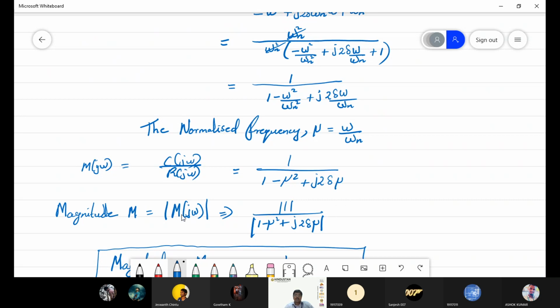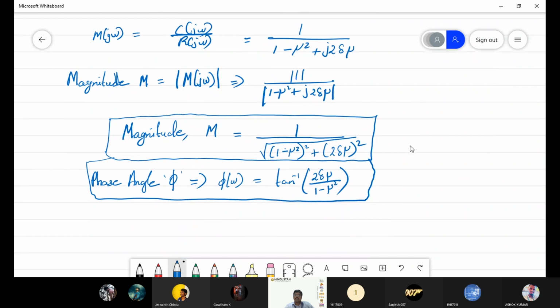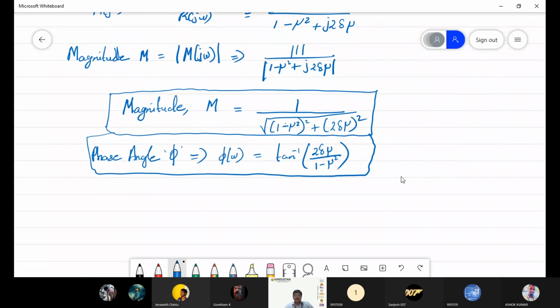Listen here, modulus of M of j omega, we take the modulus. Modulus of 1 is equal to 1, and modulus of (1 minus mu square) plus j into 2 del mu is equal to root of (1 minus mu square) the whole square plus (2 del mu) the whole square. So this is the magnitude, and similarly here you can see the phase angle also, right?